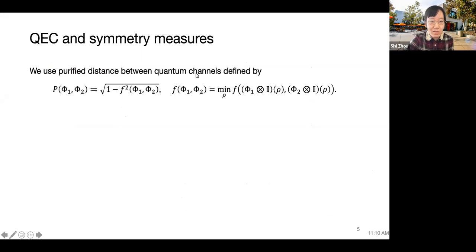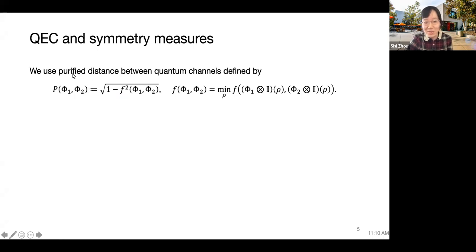So here is the exact definition. We use the purified distance between quantum channels, defined by the square root of 1 minus F squared, where F is the worst-case fidelity. This purified distance is a distance metric between two quantum channels which satisfies the data processing inequality and some other nice properties.